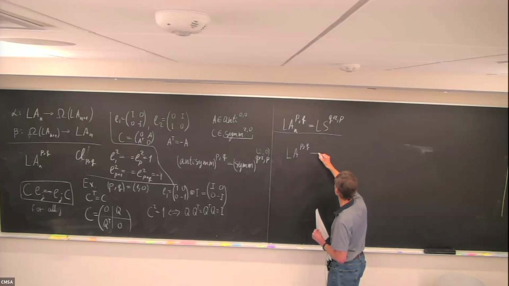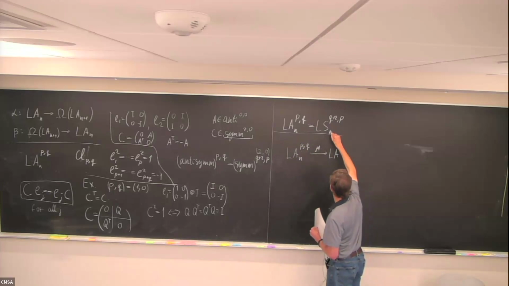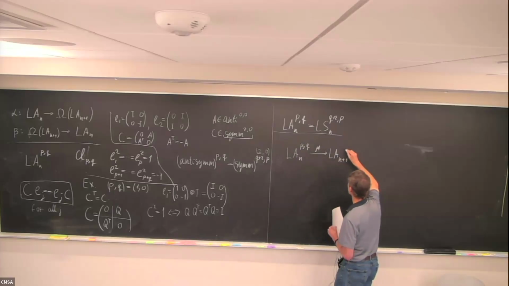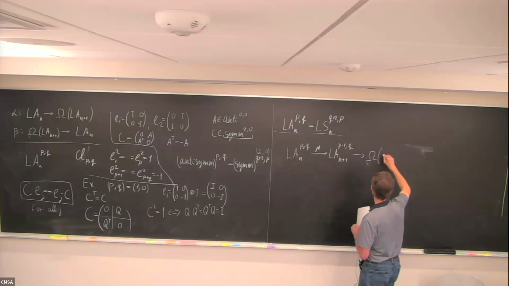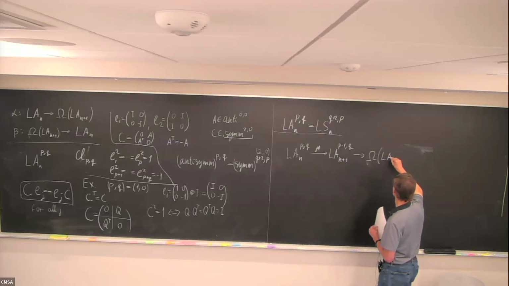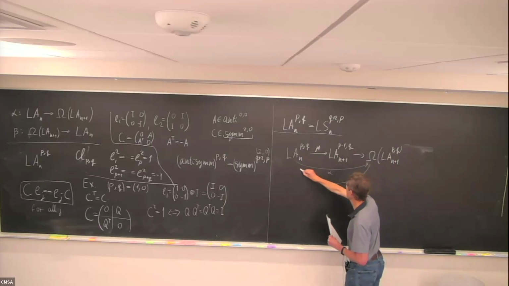Then we L A plus 1, P minus 1 Q. And L, and this should be alpha. And there is an inverse map beta.